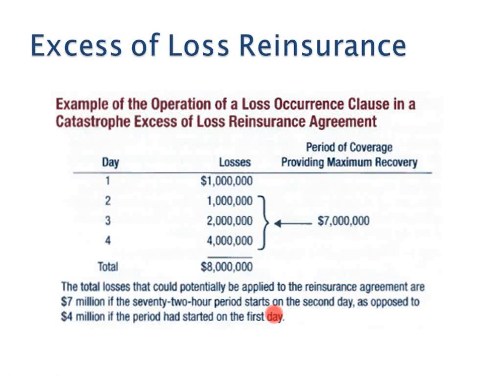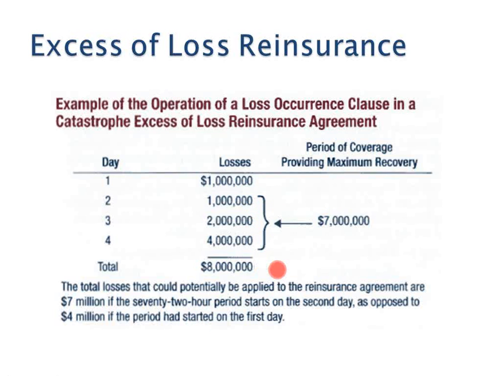So this is how it would work in this case. The example of the operation of a loss occurrence clause in a catastrophe excess is that, let's say it's an earthquake, for example. The total losses that could potentially apply to the reinsurance agreement are $7 million if the 72-hour period starts on the second day. In this policy, 72 hours is what is specified. So the first day we have $1 million worth of loss, day 2 $1 million, day 3 $2 million, day 4 is $4 million.